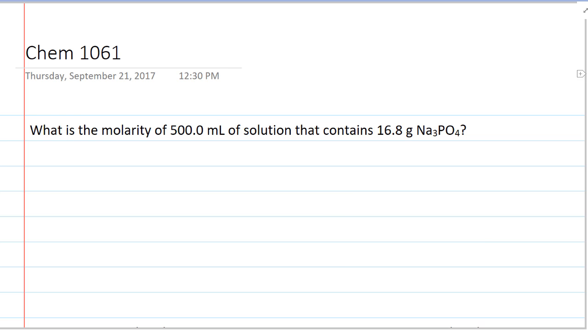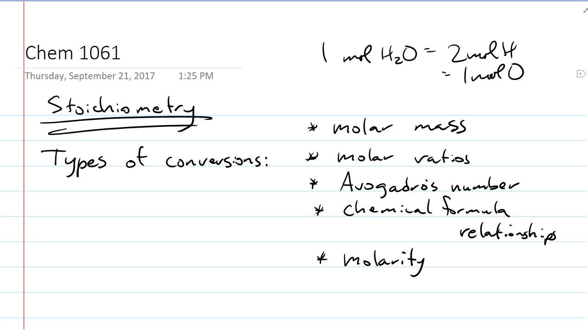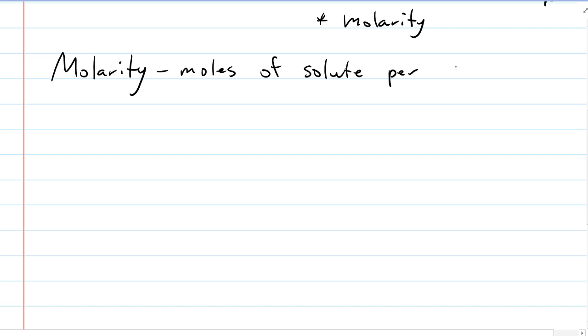So with molarity as a relationship, let's look at molarity here. We define molarity like this. We define molarity as being the moles of solute per liter of solution. Moles of solute per liter of solution.